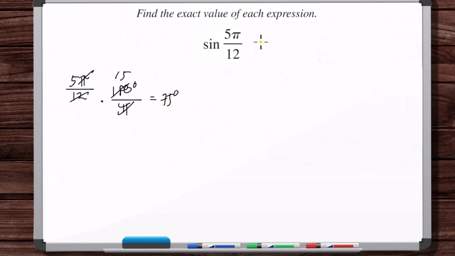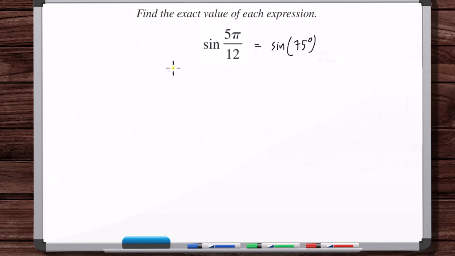So this is equal to sine of 75 degrees. All right, so let's write this as sine of 30 degrees plus 45 degrees.